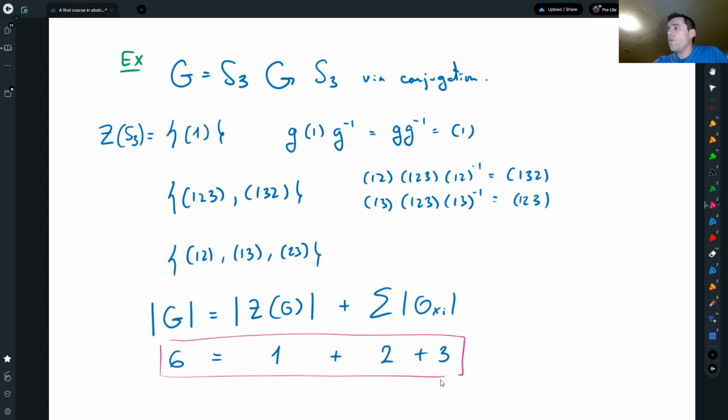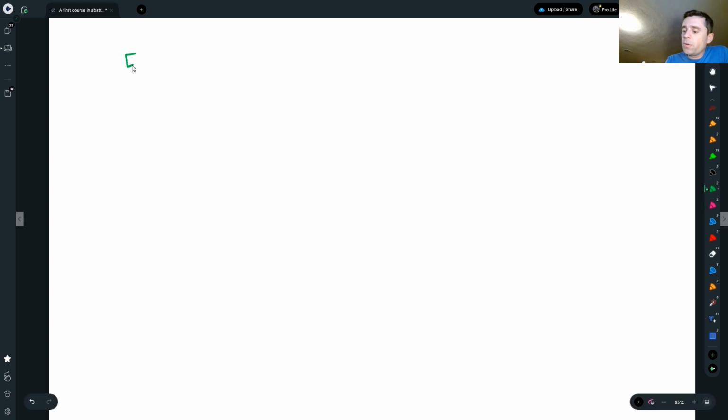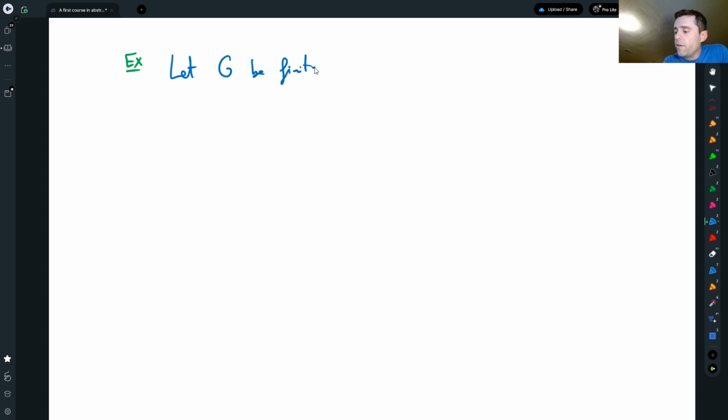So now, one more example I can do, a little bit more abstract: let G be a finite abelian group. Then we know that everything commutes with everything, so the center is all of G. So now every orbit is exactly one element.